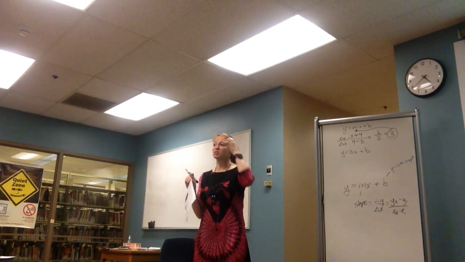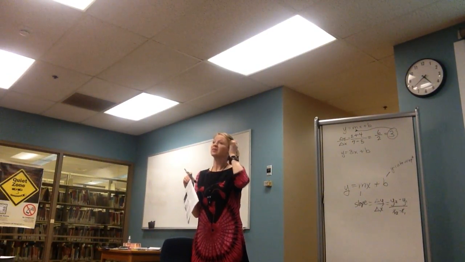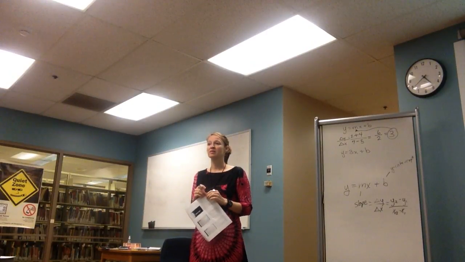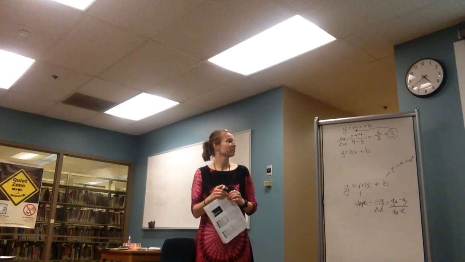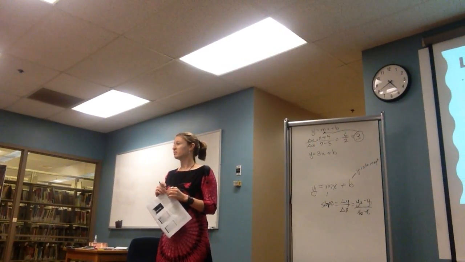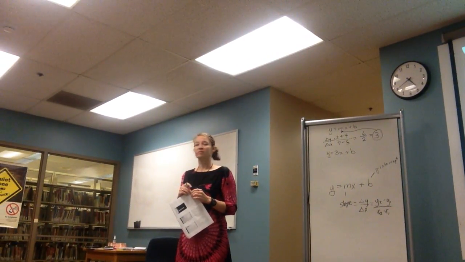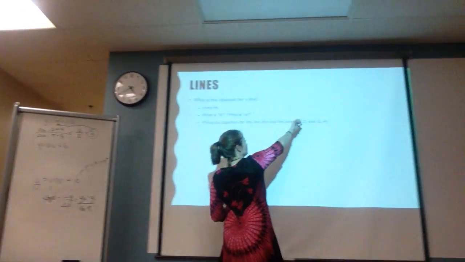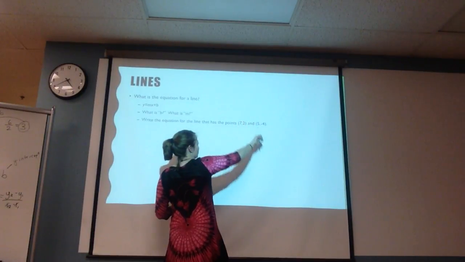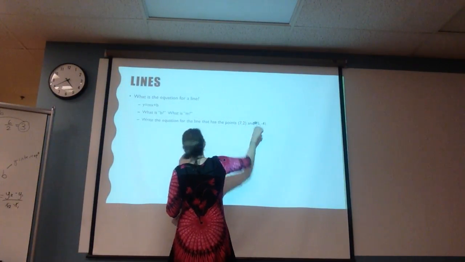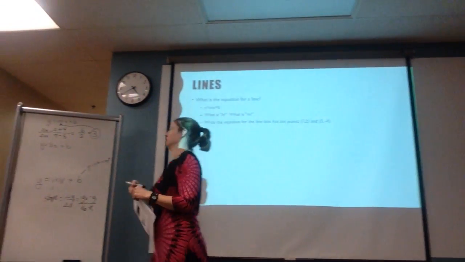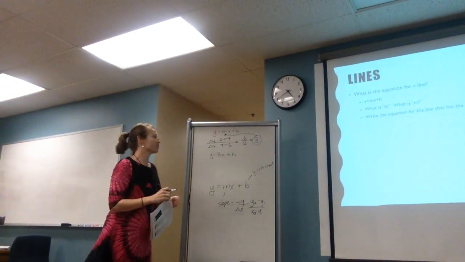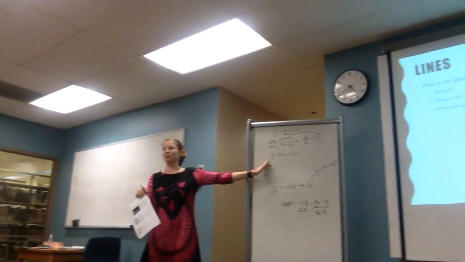It doesn't matter which point you start with. Yep. I thought 7 was the x to the 1 and 2 was the y to the other. So when you write coordinates, the first one is always x, the second one is always y. x, y. So we have this. Any ideas on how we're going to move forward from here?